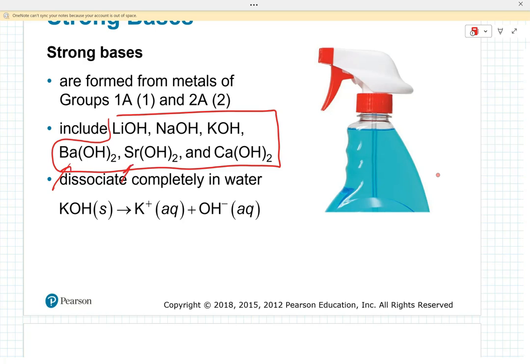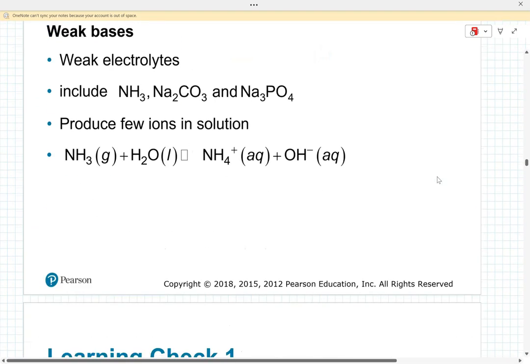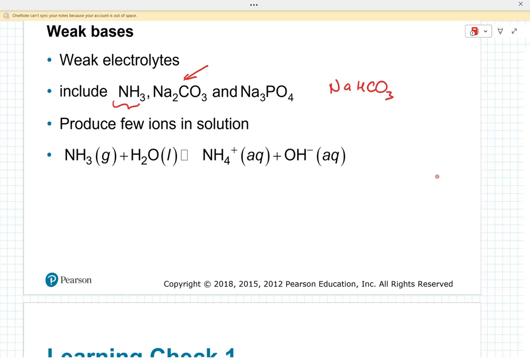Barium and strontium hydroxide are really strong bases. I want to make a comment on calcium hydroxide. It is a strong base, but its solubility in water is not great. Weak bases: ammonia, washing soda, baking soda, sodium phosphate.